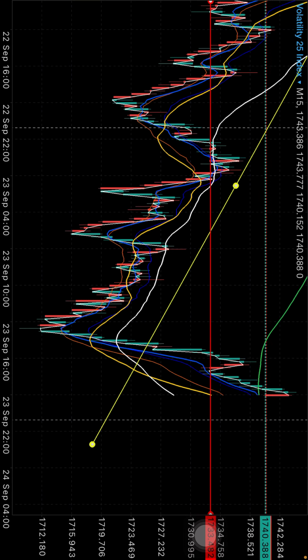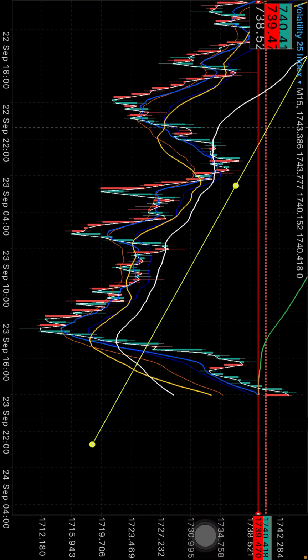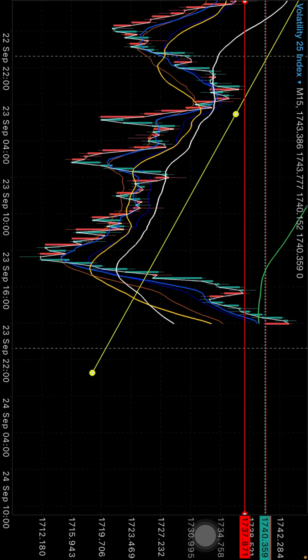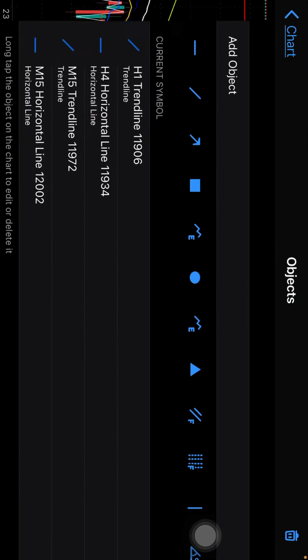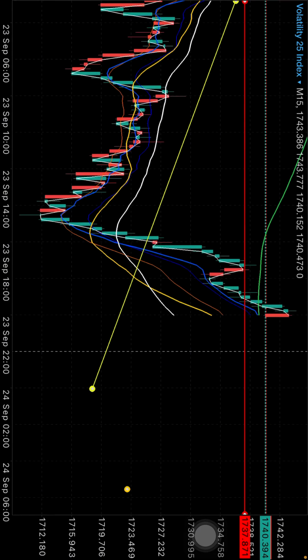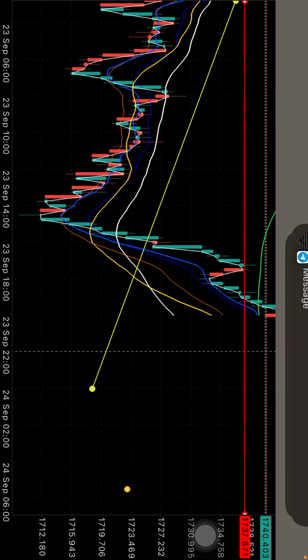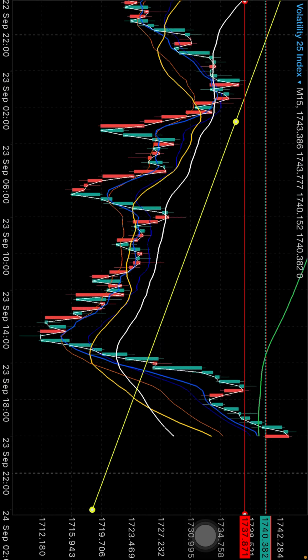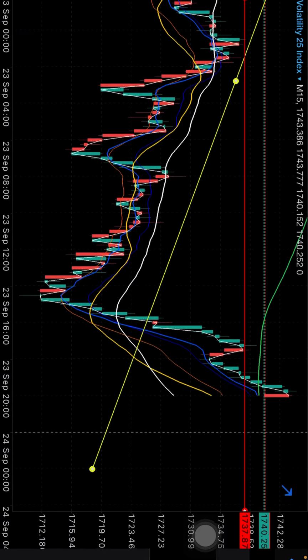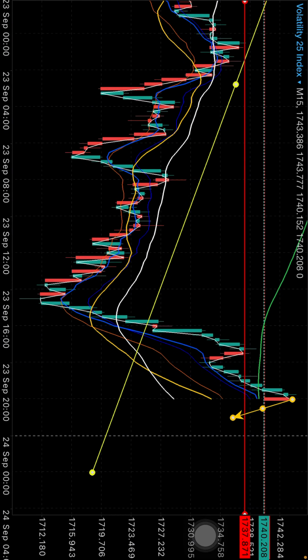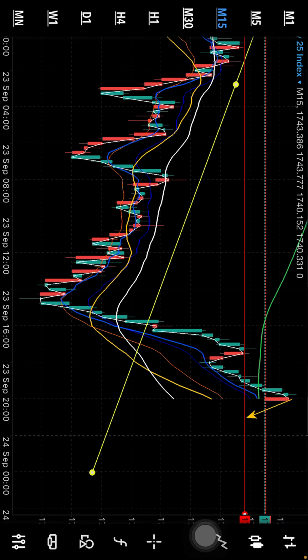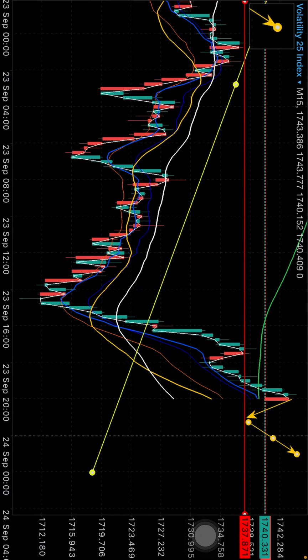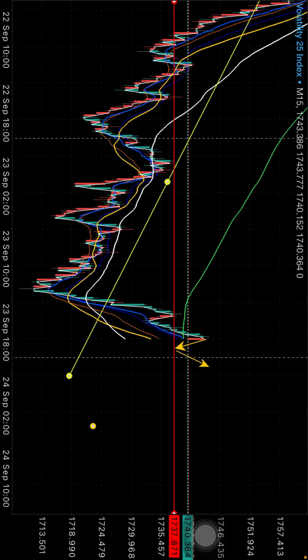Now the market will retest this broken level, and then it will turn this level into a support. So let's do this, the market will do that, and then buy. That's how simple trading is.